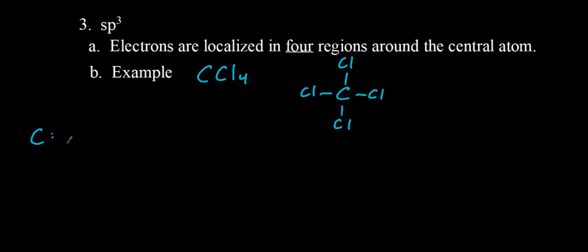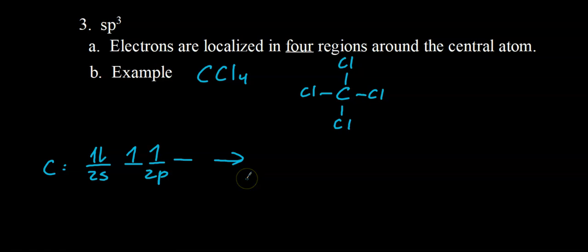So this time, let's take a look at, again, the orbital diagram for the valence shell of carbon. Has 2 electrons in the 2s sublevel and 2 electrons in the 2p. Now it looks like carbon can form just 2 covalent bonds since it has those 2 half-filled orbitals.